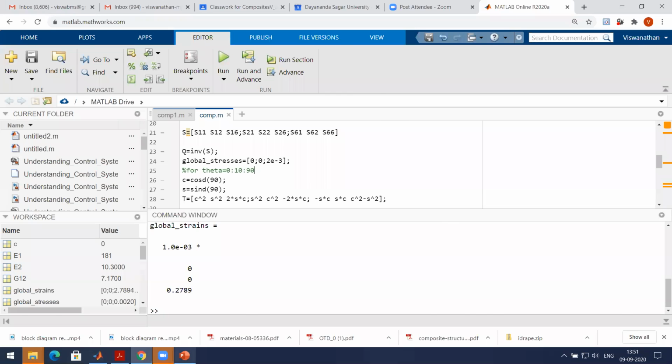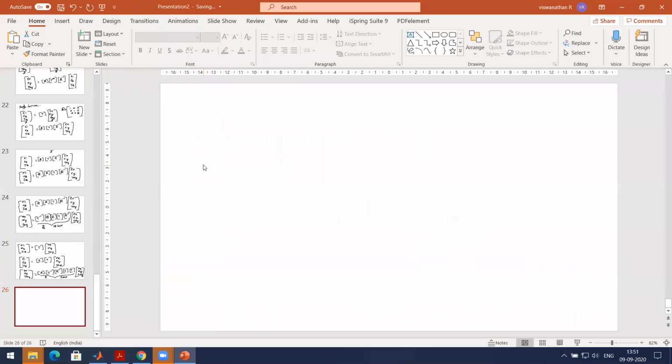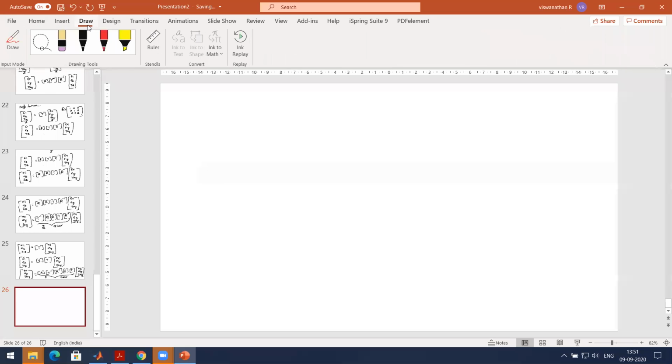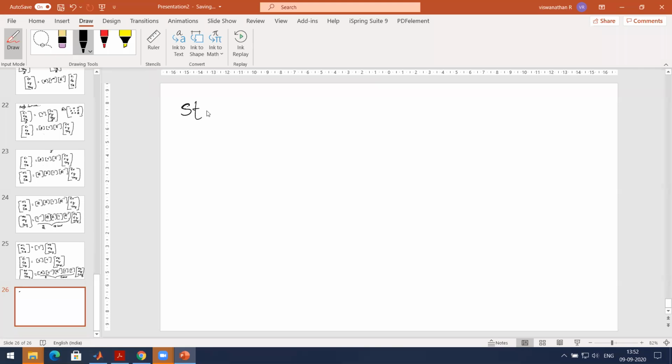So now we will discuss the laminates. Before analyzing the laminates for the macro mechanics, there is something called the standard laminate code.